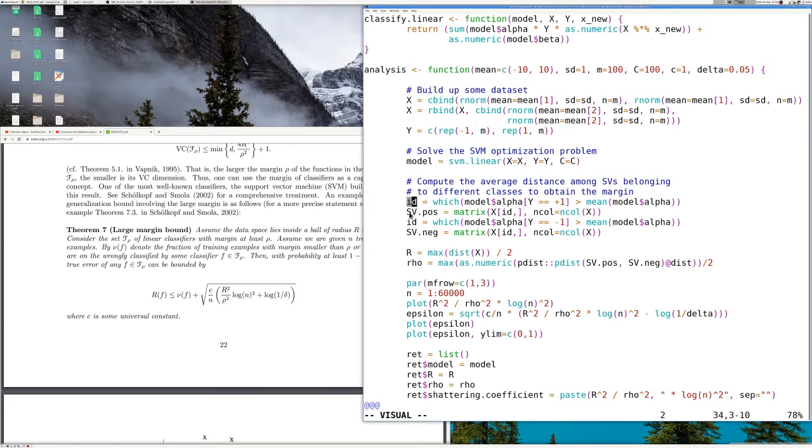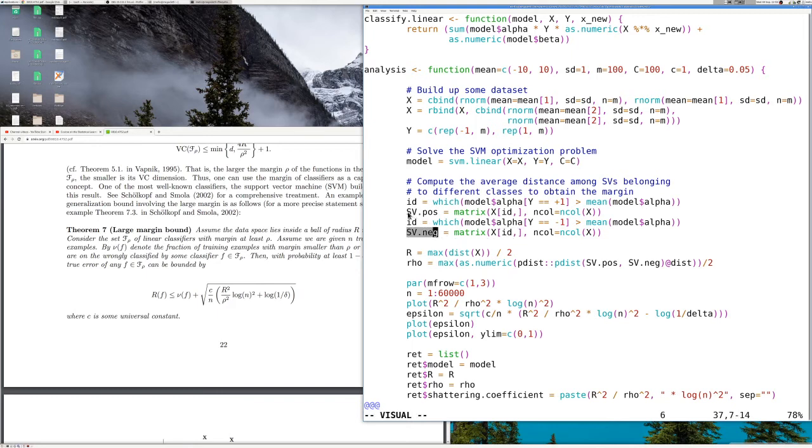So I can use that to find the support vectors for the positive class. I do the same for the negative class. I select which are the alphas for the negative class greater than the average alpha. Of course, those are the most important elements, so I select only those elements to compose my negative support vectors.